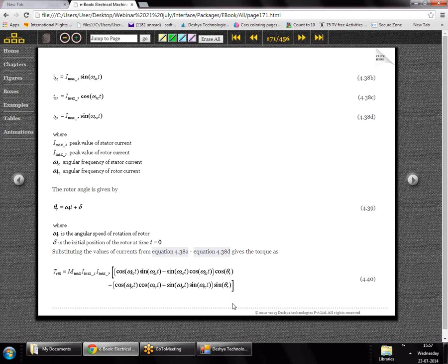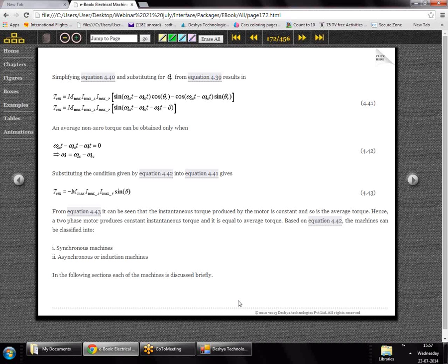Now we are doing it for a two-phase system, and this expression 4.40 can be simplified and can be written as given in 4.41. So if you see, the torque given by expression 4.41 is the instantaneous torque. To find out the average value of torque, one has to integrate this expression of torque over a time period. Since it's a sinusoidal function, if you integrate any sinusoidal function over a time period, its average value is going to be 0.